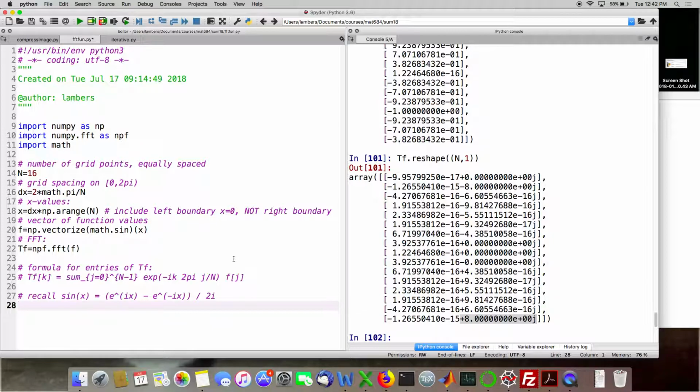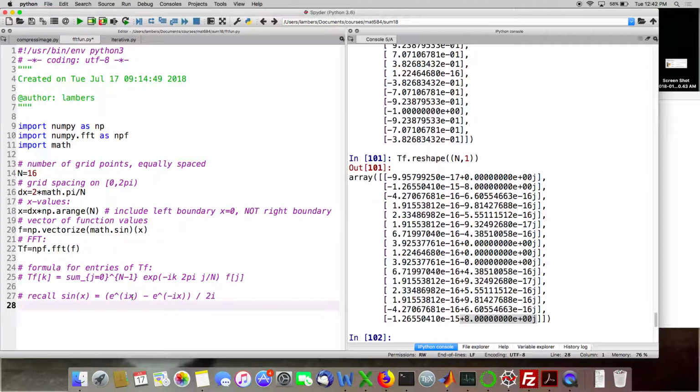And this comes from basics of complex numbers. And these functions, e to the ikx, where k is an integer, those functions are orthogonal on the interval 0 to 2 pi.